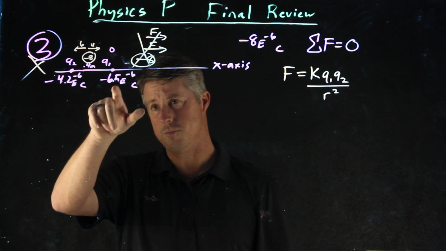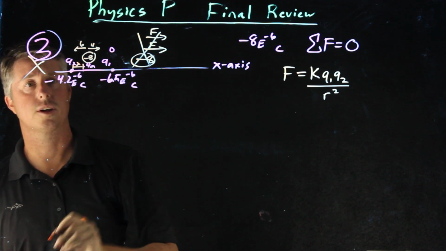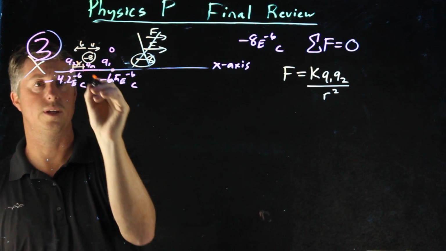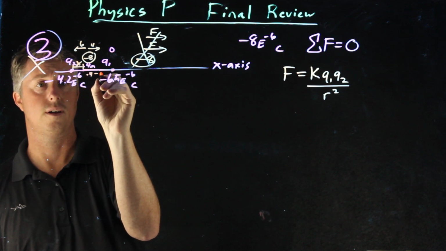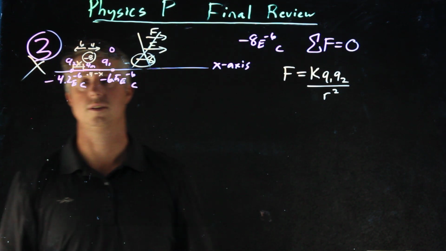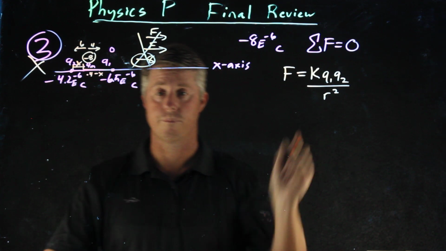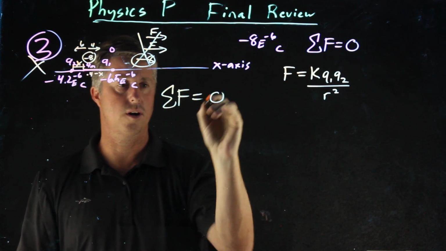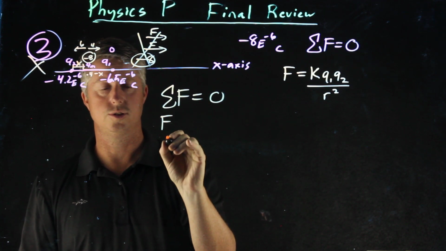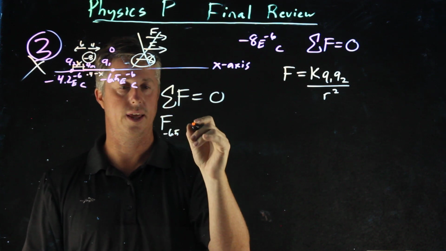Now, because this is bigger, I also know that this is going to be the shorter distance, and I'm going to call that x, which means this distance here is simply going to be the entire distance, 0.4, minus that x distance to the charge. So, I want the summation of force to equal 0. I have a force due to the negative 6.5 times 10 to the negative 6.